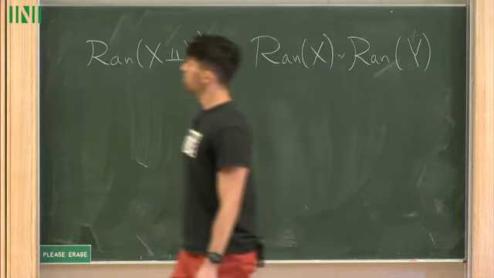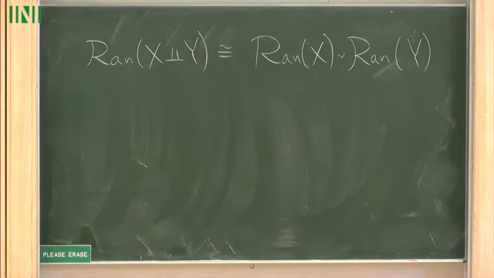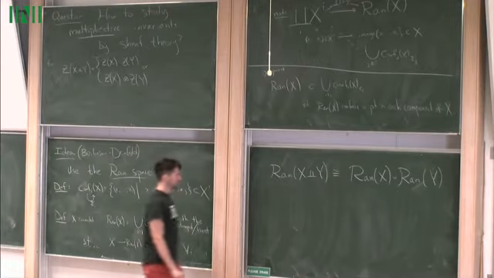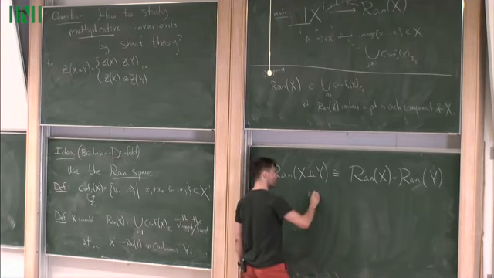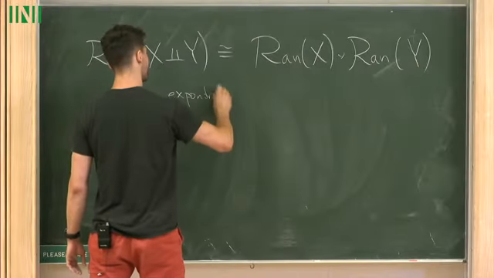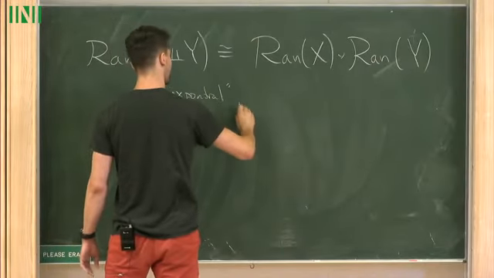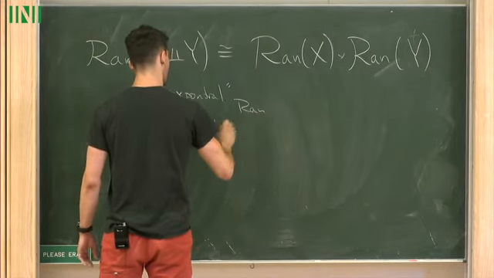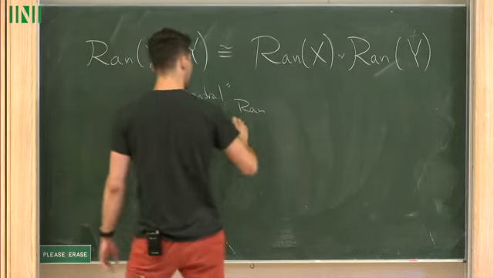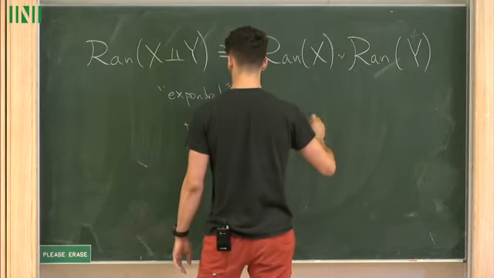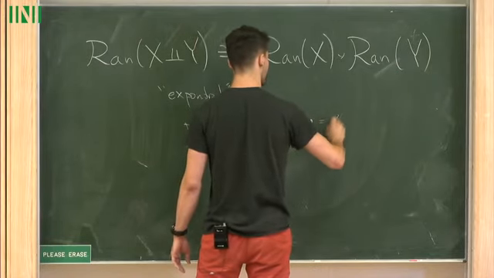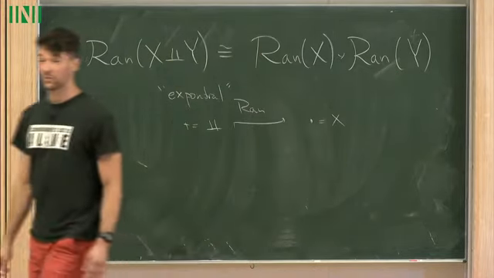So the Ran space, in other words, is behaving like an exponential. Think exponential: it's sending disjoint unions, which you could think of as being like plus, to Cartesian products, which you could think about as being like multiplication.